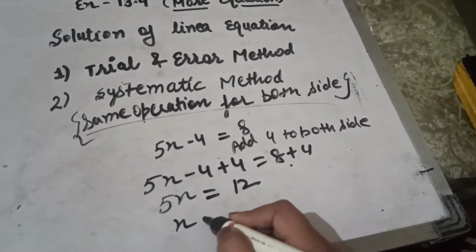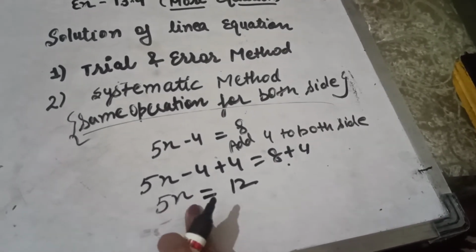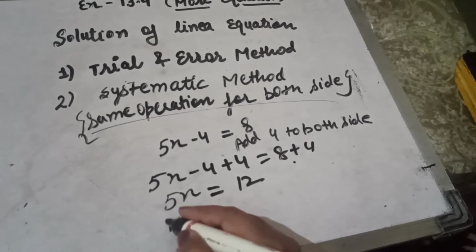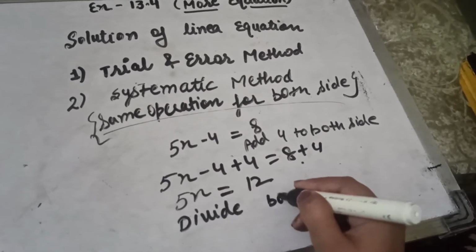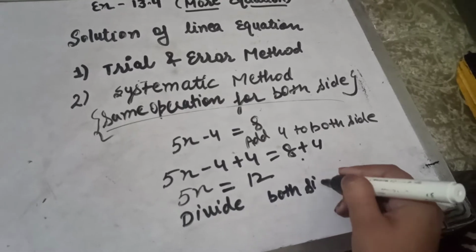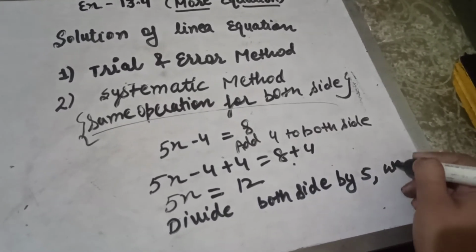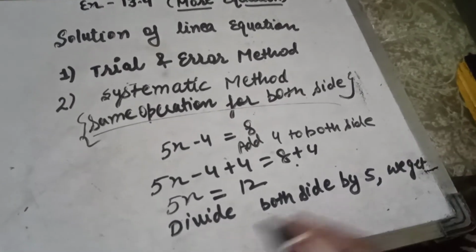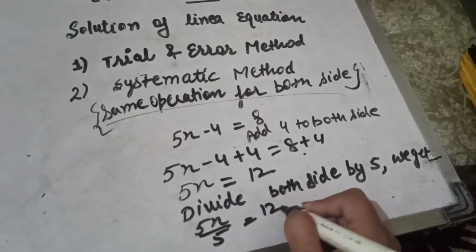Next, to get x, see, now here again 5. This 5 is in multiplication, so divide both sides by 5. We get 5x divided by 5, 12 divided by 5.